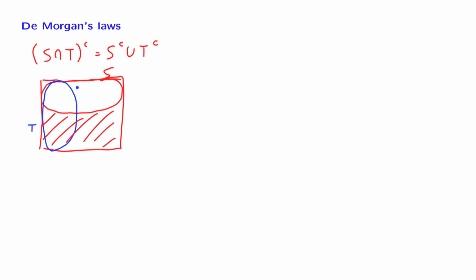The complement of T is this part of the diagram. What is left is just this region here, which is the intersection of S with T. So anything that does not belong here belongs to the intersection, and this means that the complement of the intersection is everything out there, which is this set.